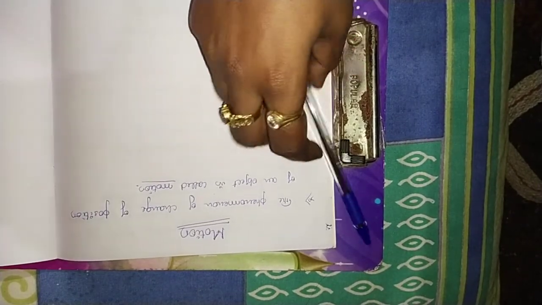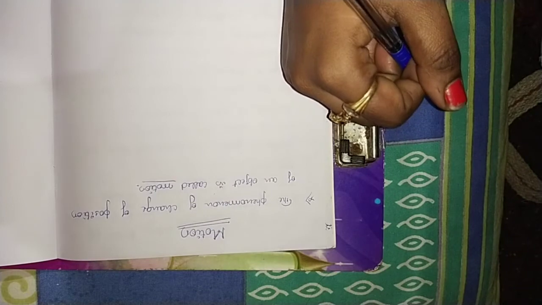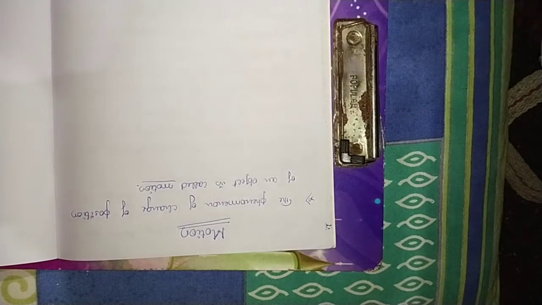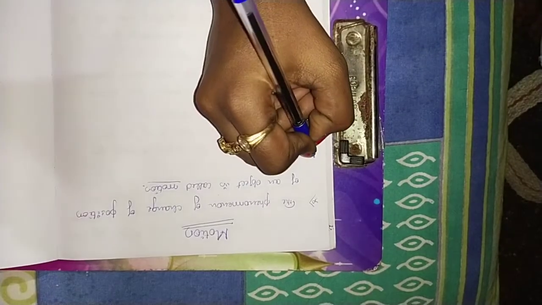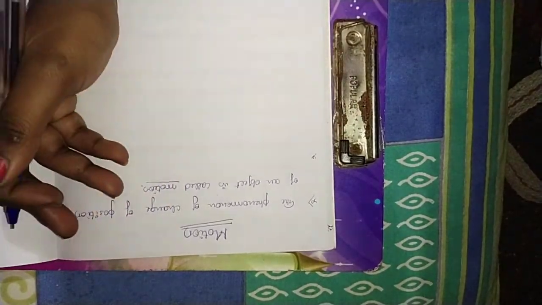Now physical quantities. A physical property of a material that can be measured is called a physical quantity. What does physical quantity mean?